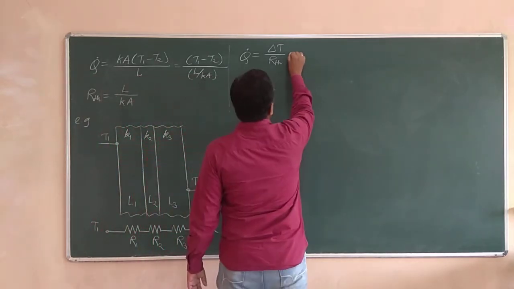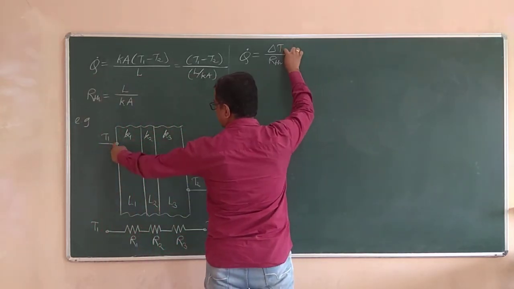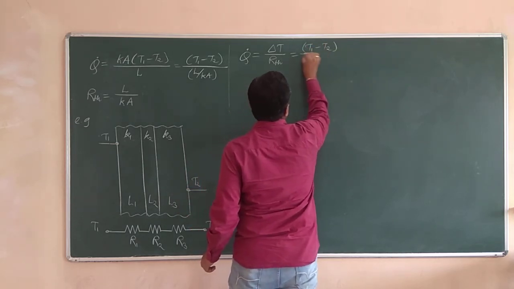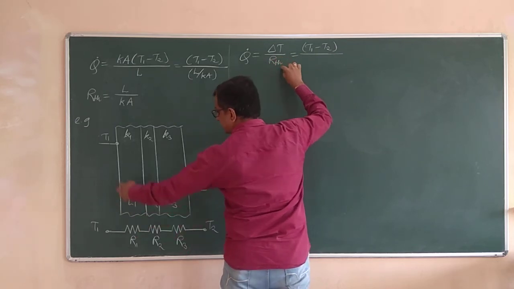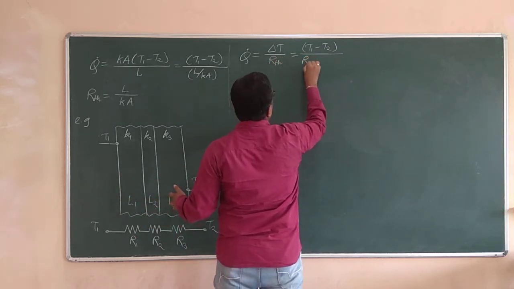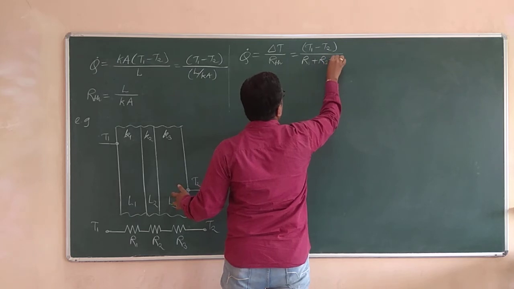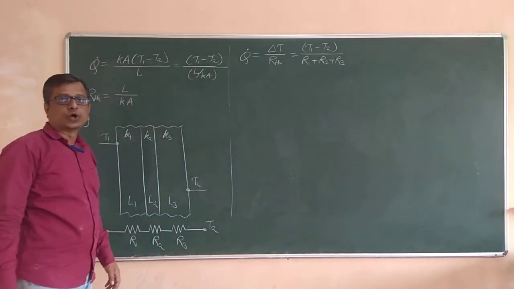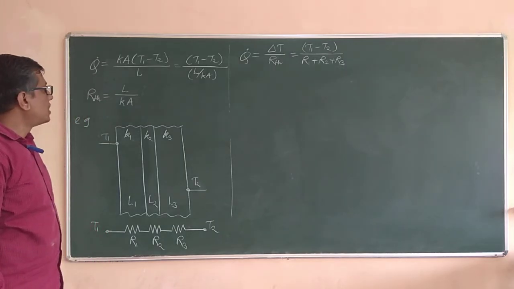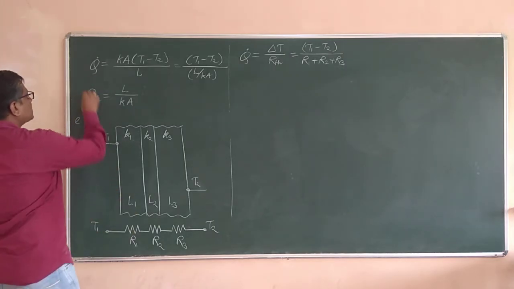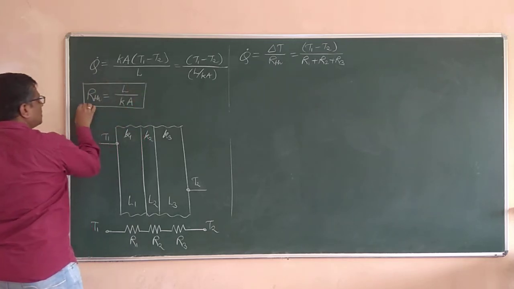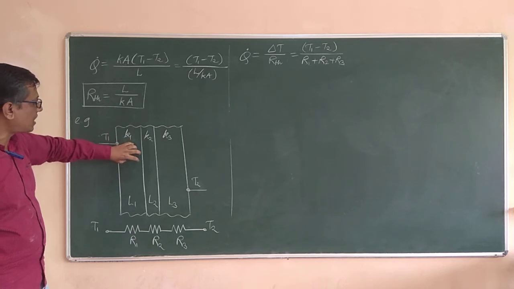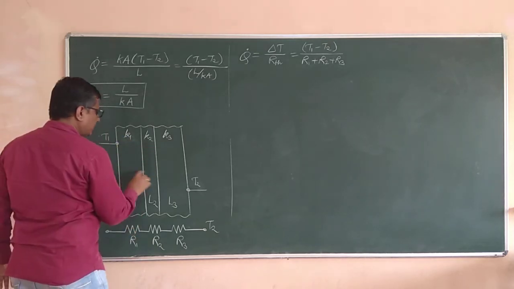Delta T is nothing but the temperature difference, that is T1 minus T2, divided by the equivalent thermal resistance of the entire slab, which equals R1 plus R2 plus R3. That is the equation for Q dot, the heat transfer rate through the composite slab. And I think we know the formula for R thermal. If I apply this formula of R thermal to get the thermal resistance of individual slab 1, 2 and 3, this is slab number 1, 2 and 3.